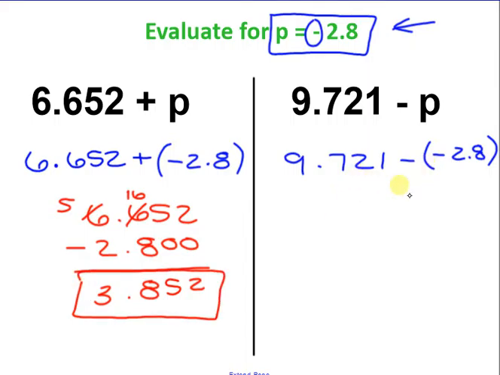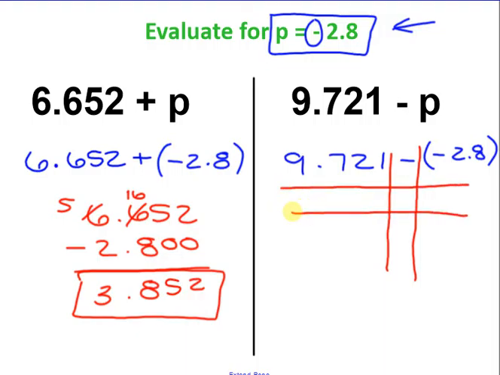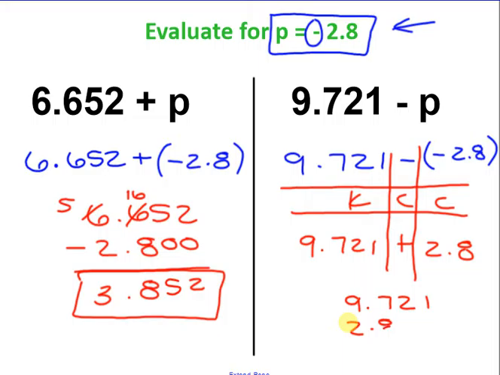Now over here, I have a subtraction problem, so I'm going to set up a tic-tac-toe situation. If you don't like tic-tac-toe, you use a method of your choosing, but keep, change, change is the way to do it. 9.721, change the minus to a plus, and change the negative 2.8 to a positive 2.8. Now I have the same sign, and they're both positive, so I'm going to line them up, and my answer will be positive.